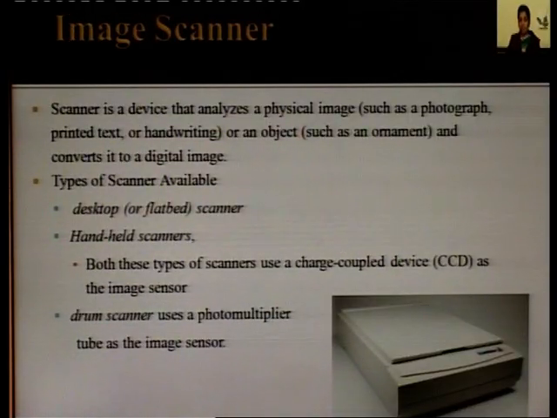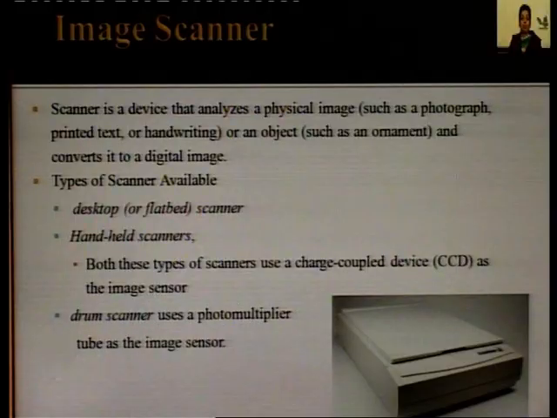Image scanners. A scanner is an input device that analyzes a physical image or an object and converts that image into a digital image. It senses the physical image, converts it into an object, and that object is converted into XY digital form.